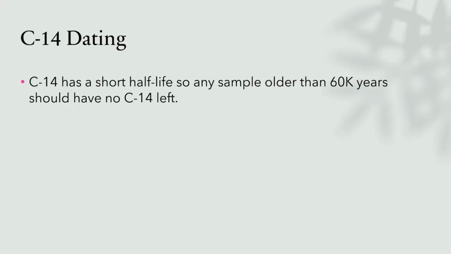So any sample older than about 60,000 years, the earlier slide said 50,000, it depends on how sensitive the equipment is, and now they're down to being able to measure every single atom of carbon-14. So 60,000 years should have no carbon-14 left at all.